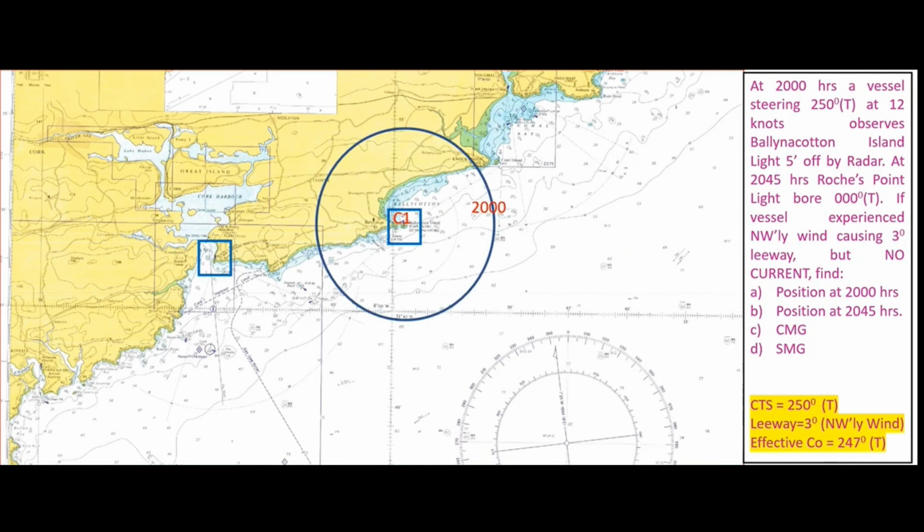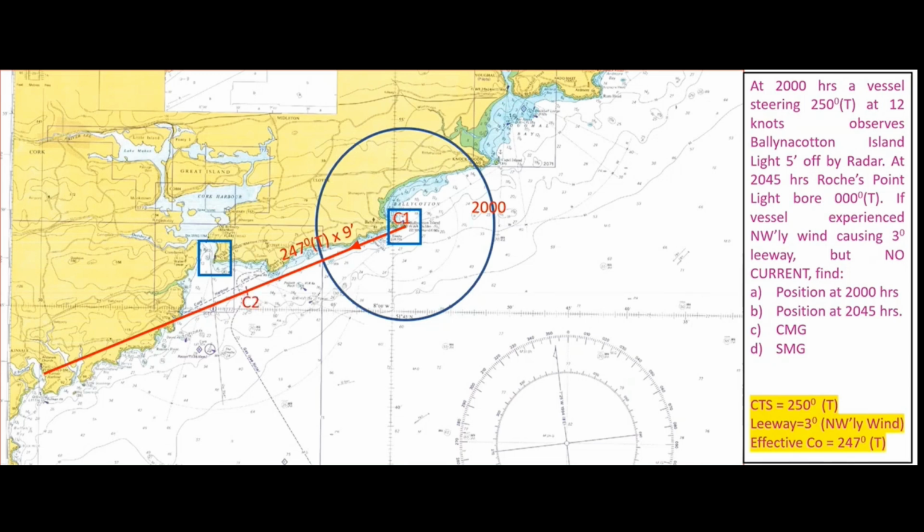Now to transfer it to 2045, we need to transfer C1. Since we have already allowed for wind and got the effective course as 247 degrees, we draw 247 through C1, represented by single arrow. On this, we mark off engine distance for 45 minutes. That's 9 miles. So 247 degrees into 9 miles, we get point C2.